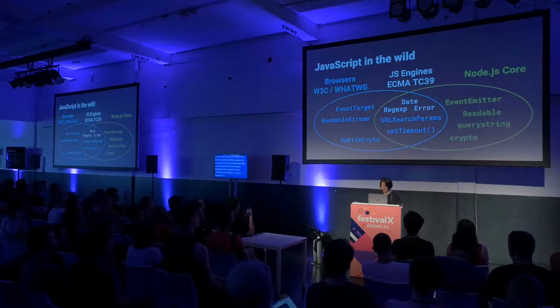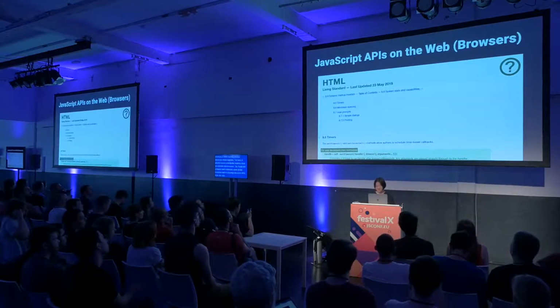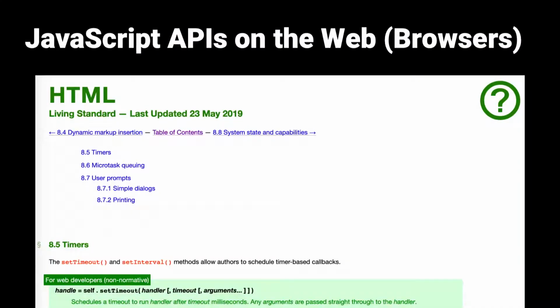So Node did evaluate and implement some of the requests, and it is still looking into more APIs from the web. We currently have different types of web APIs implemented in Node Core. Some of them are more lookalikes of the browser ones.